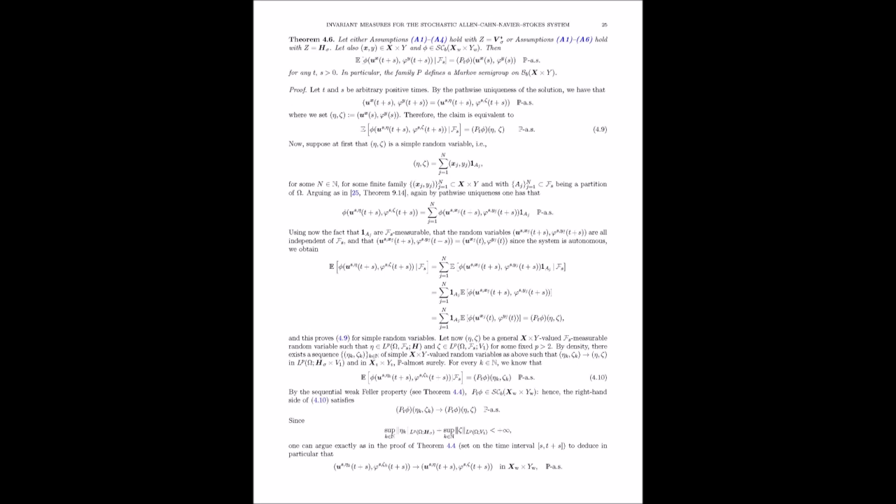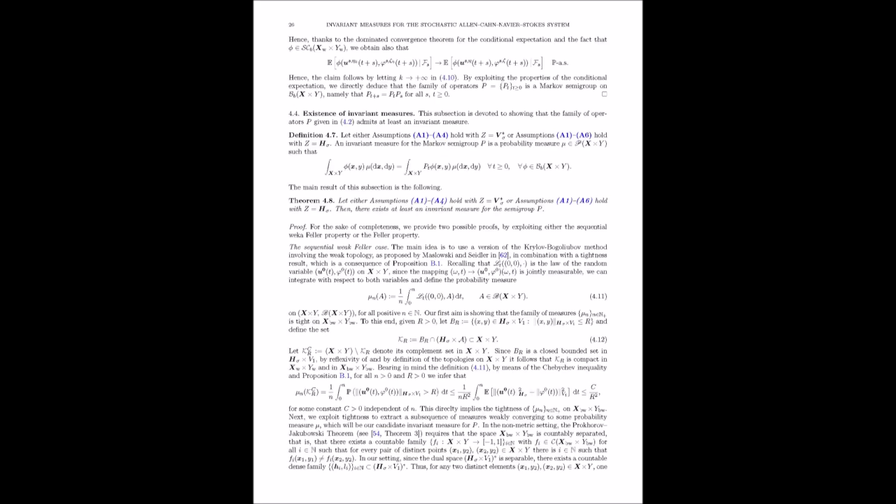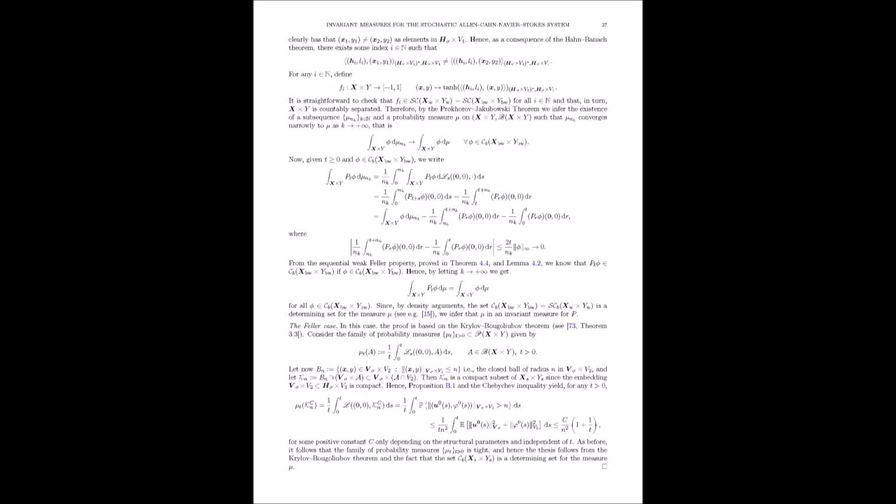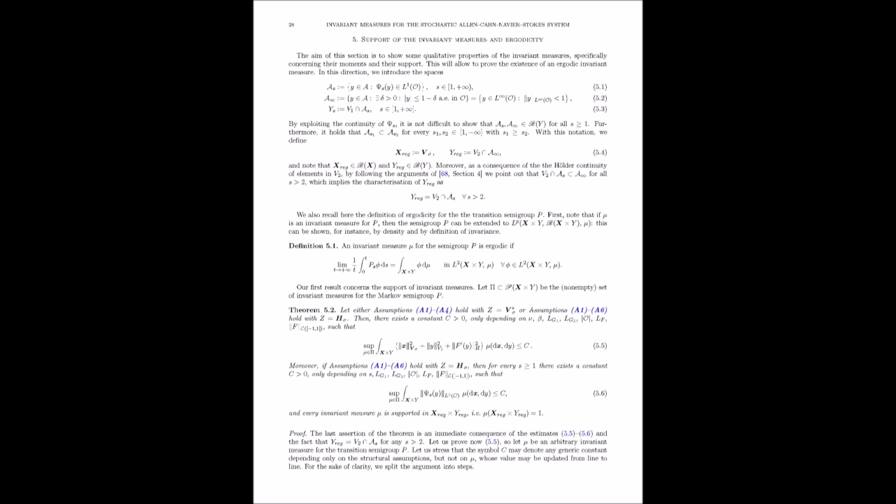Okay, Section 5 also introduces this concept of ergodicity, which is super important for understanding the long-term behavior of these stochastic systems. It is a key concept. It basically means that the long-term average behavior of the system is equivalent to the average behavior over all possible states.